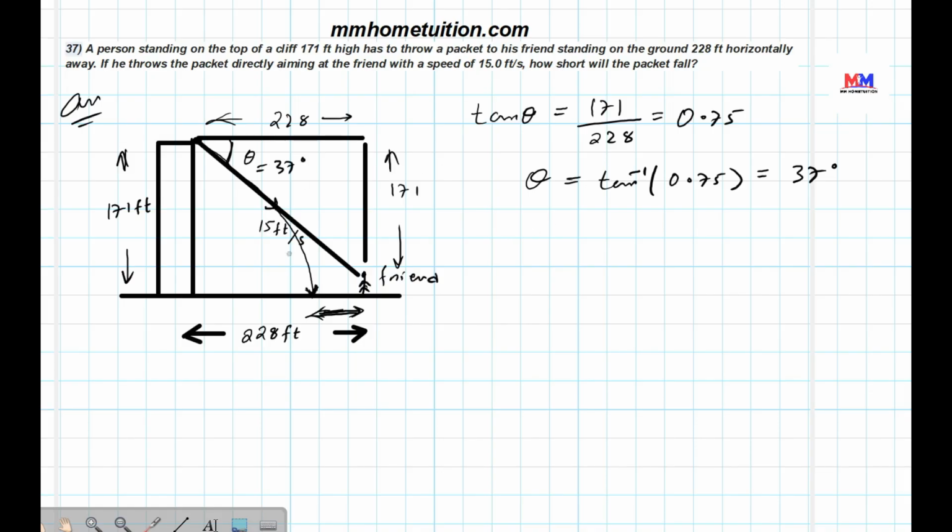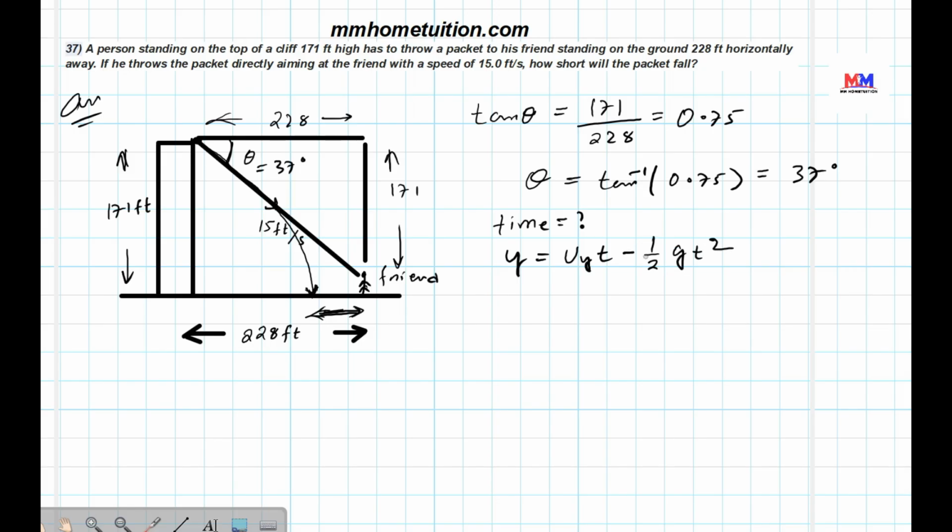So we'll have to find this horizontal distance. Before that, we'll have to find the time taken when it is projected and strikes the ground. Find the time required by the packet from the projection to strike the ground. So for that, we'll write the equation y equals u_y t minus half g t square.